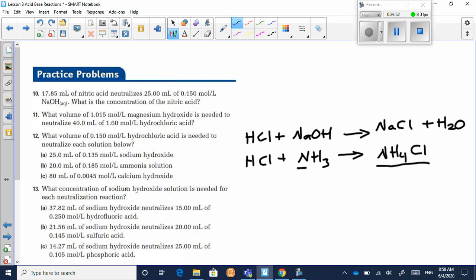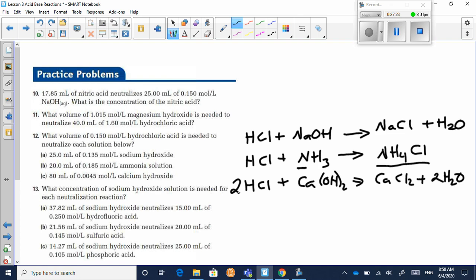Here, we'll do the last one. It's HCl plus calcium hydroxide, and it makes calcium chloride plus 2H2O. So there'll be a 2 here.